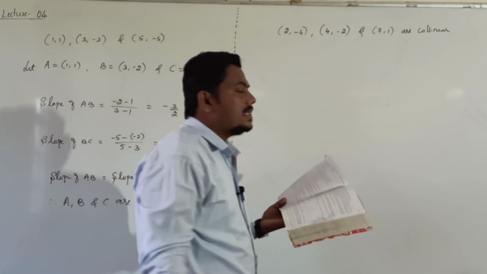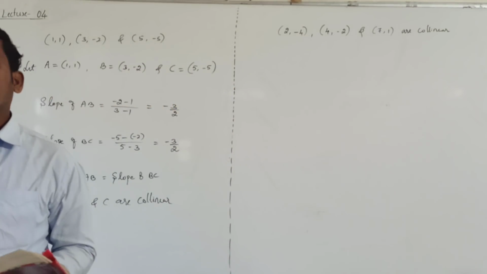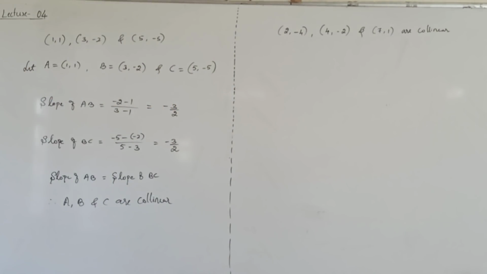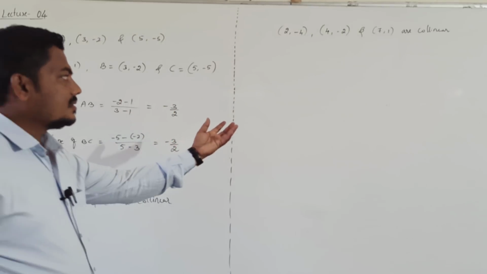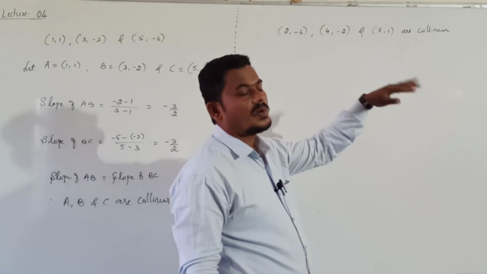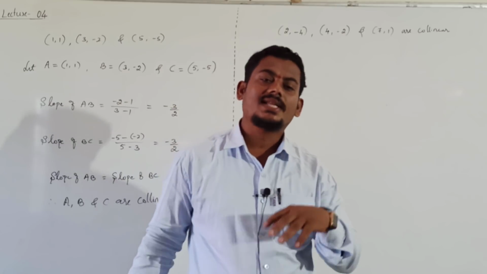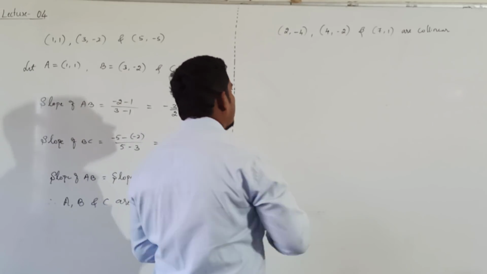Show that these three points are collinear. Again the same procedure, right? Just take the slope of the first two points and the slope of the next two points. Suppose they are equal, then the points are collinear, right?